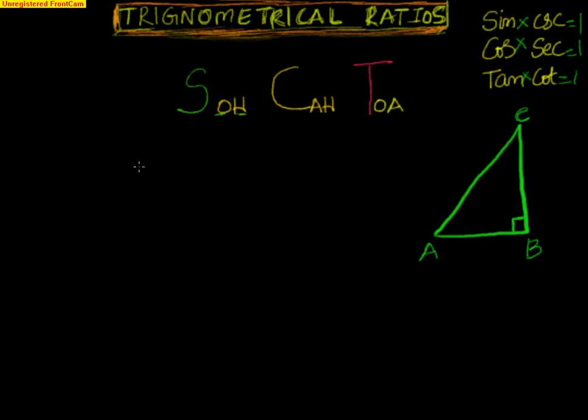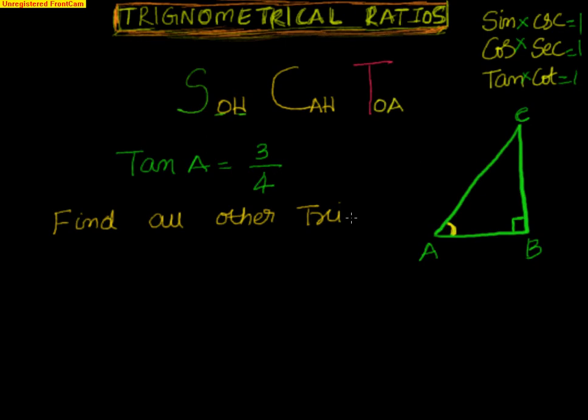Fine. Now I am going to give you tan of A is equal to 3 by 4. What I want from you is to find all other trigonometric ratios.